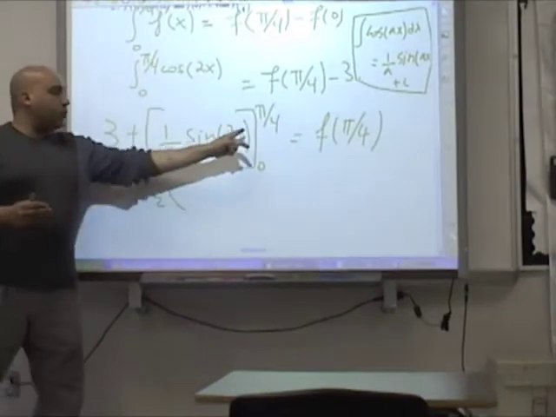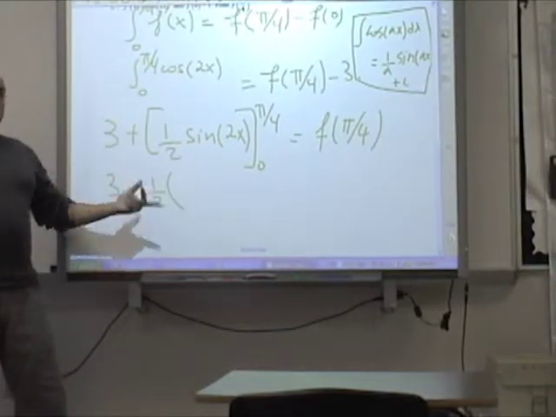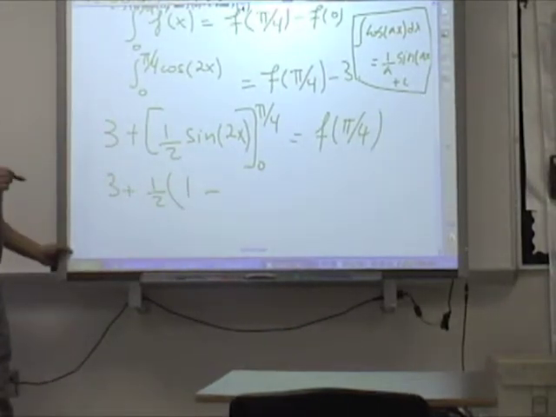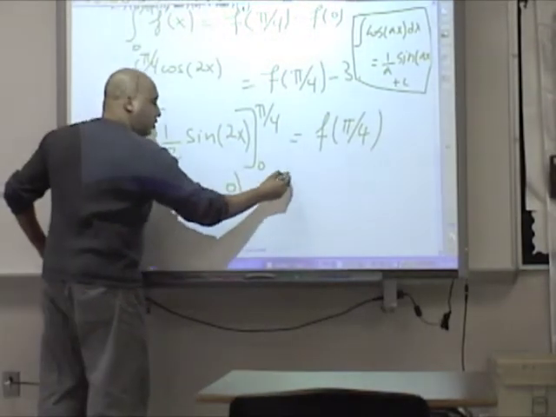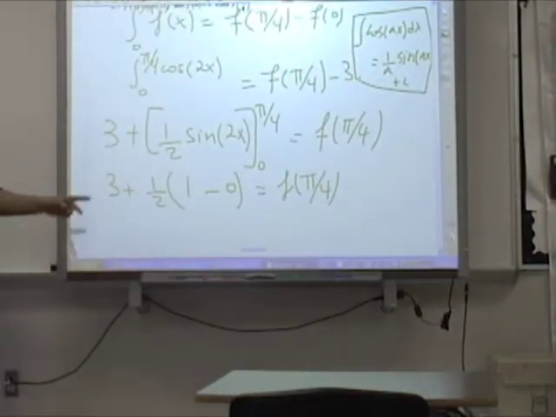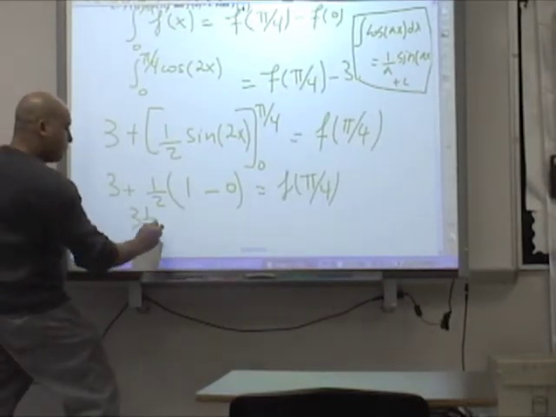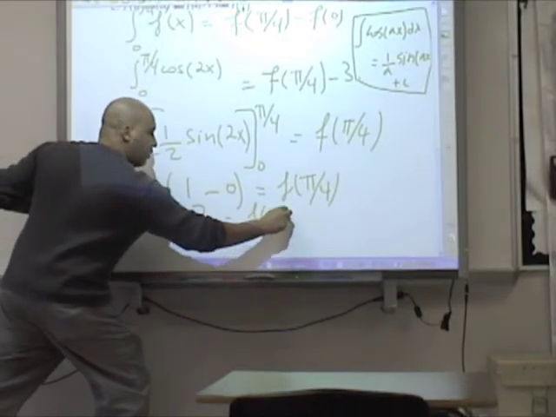And if I plug in pi over 4, 2 times pi over 4 will be pi over 2, and sine of pi over 2 is 1, minus, if I plug in 0, it would be just sine of 0, which is 0, and that should equal f of pi over 4. Now, 1 minus 0 is 1, times 1/2 is 1/2, and 3 plus 1/2 is 3.5, or 7 over 2, is equal to f of pi over 4.